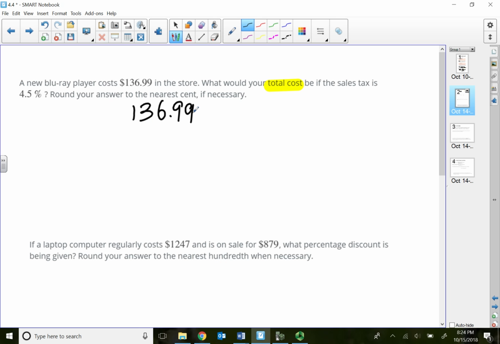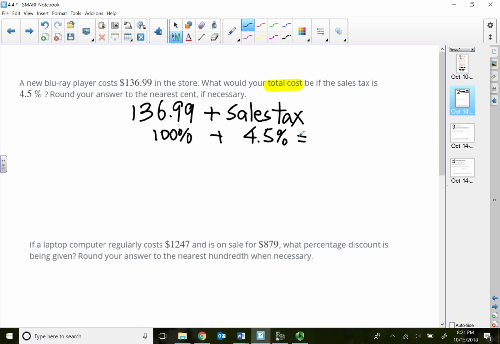$136.99. In order to buy the Blu-ray, you have to pay 100% of that. In addition, you also have to pay your sales tax, which is an additional 4.5%.